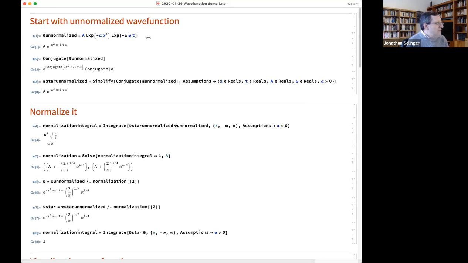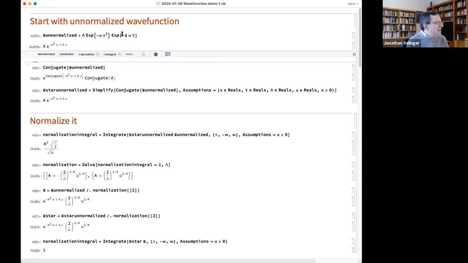I typed this into Mathematica, and my quick little tip is that to get Mathematica to execute the command, you push Shift Enter. This is how we laugh at newbies, right? We say, newbies, you just keep pushing enter and nothing happens, but it's shift enter. That's what makes something happen. Then Mathematica echoes back its version of what you typed: A times the exponential, with the terms rearranged.